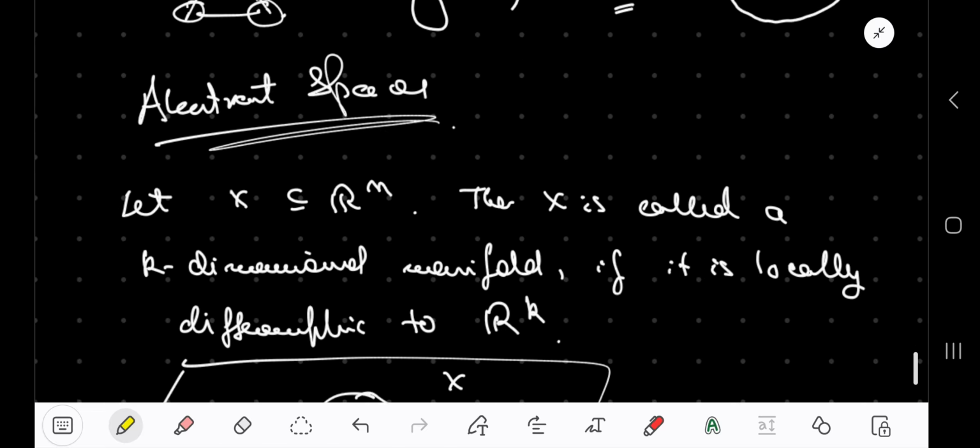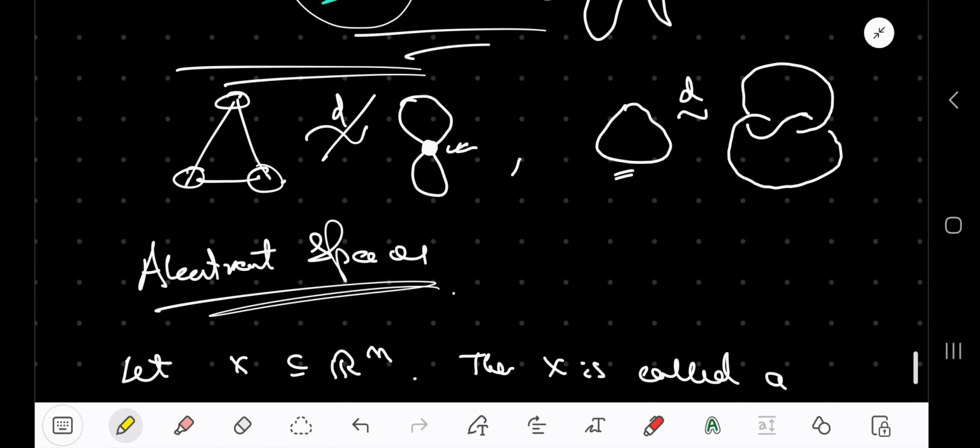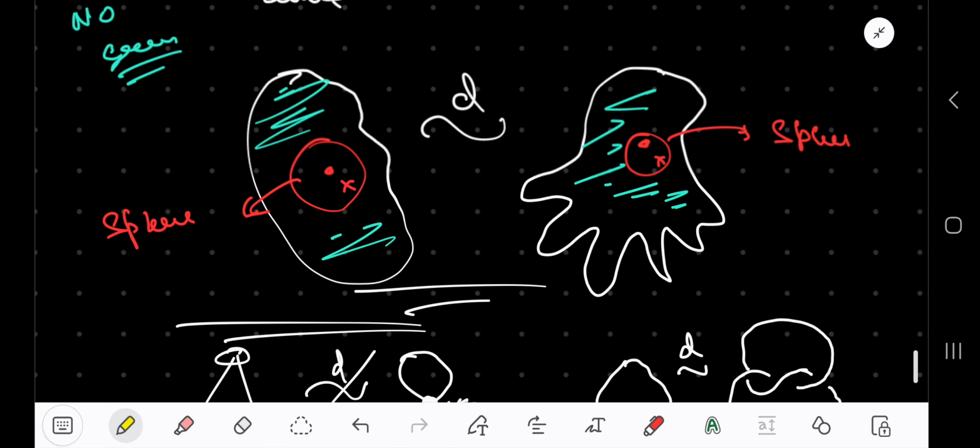For example, if you go back here, every neighborhood around each of the points in this space will look like a sphere, which are open sets in R3. Getting my point? And so is here. So these two spaces are locally diffeomorphic.